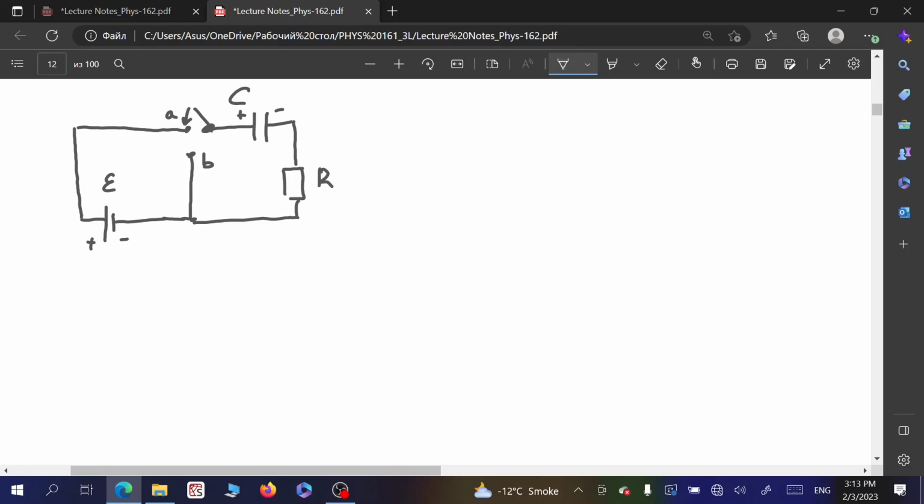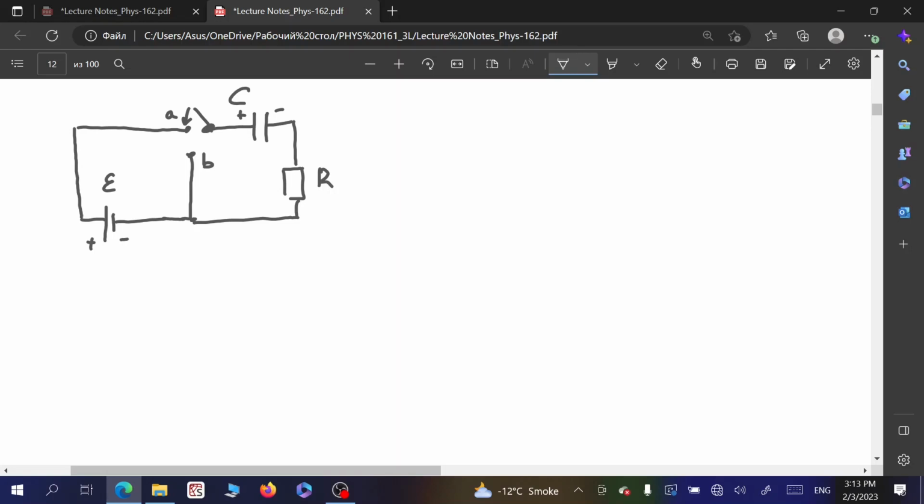So the product of capacitance and resistance defines this characteristic time, unique for a given combination of capacitor and resistor, which tells us how fast electric charge will be gone from the capacitor via this load resistor.